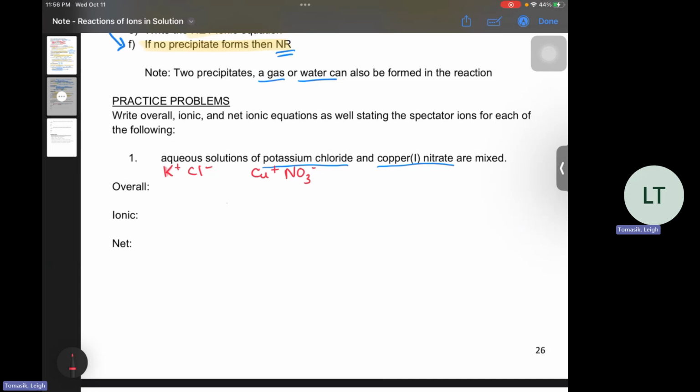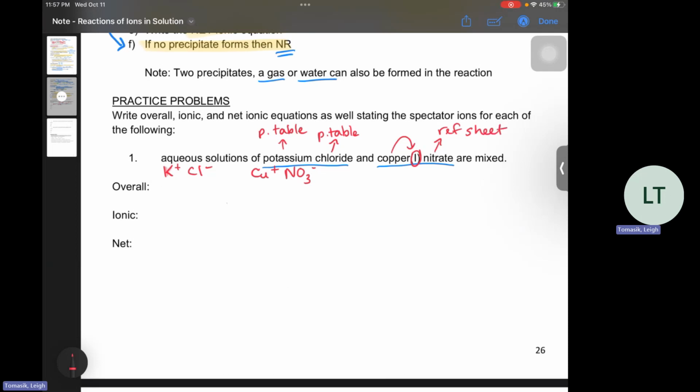So the K and the Cl, I looked up their charges on the periodic table. The copper, I found its charge in the Roman numeral. That's where you look for the charges, the reference sheet.